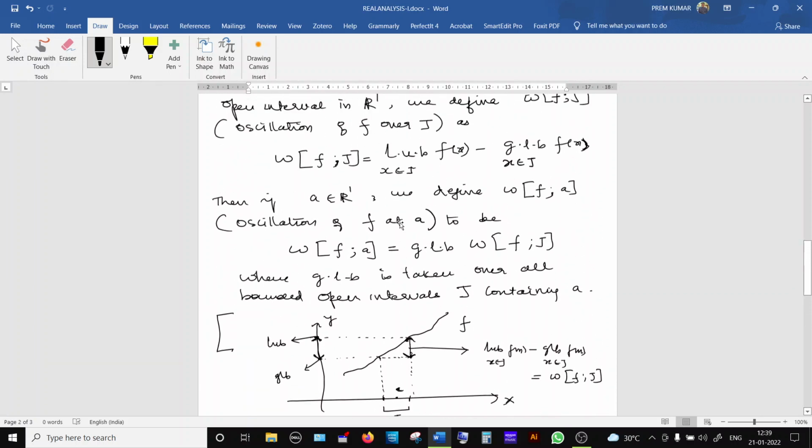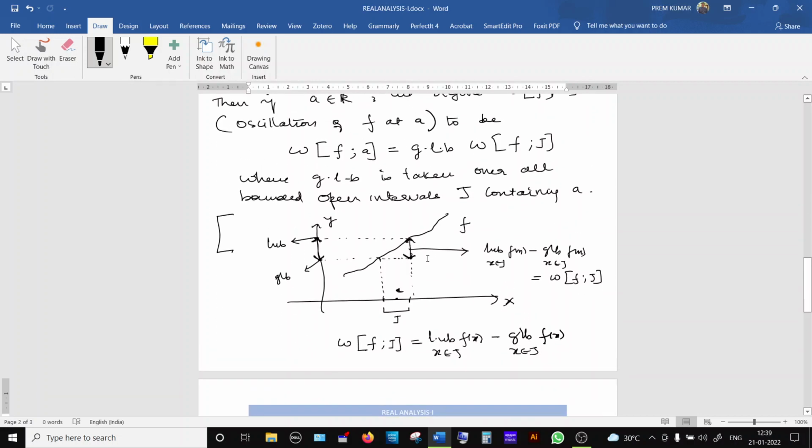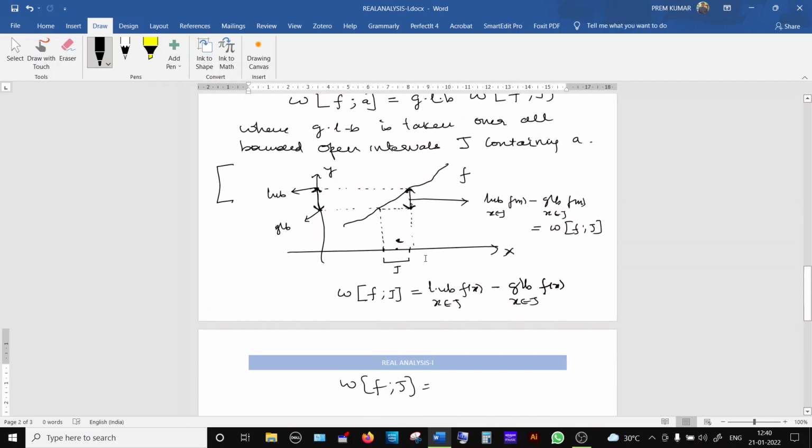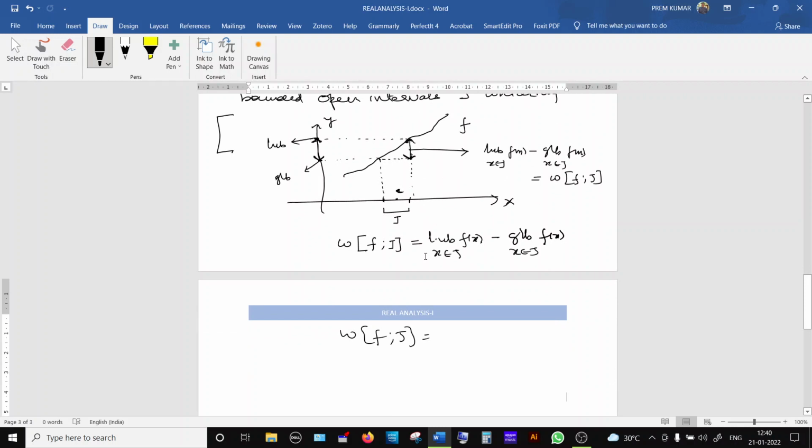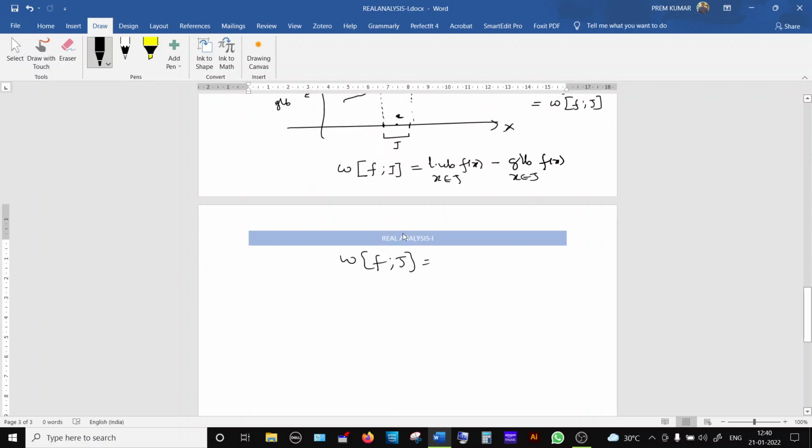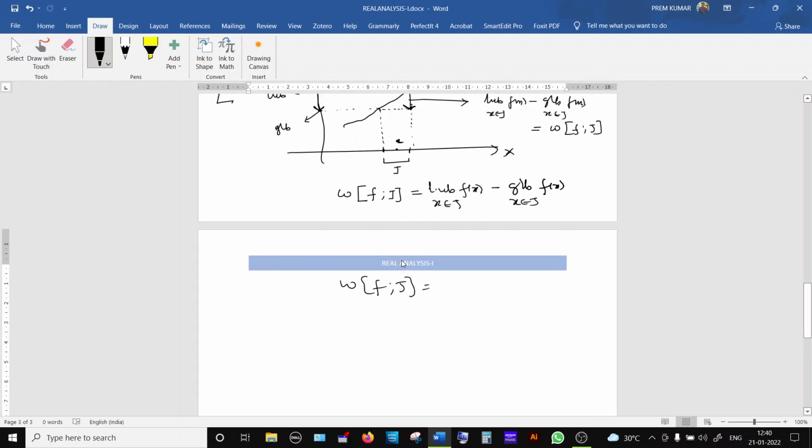We are going to use this definition and prove some theorems related to continuity and discontinuity of a function at a point A. The number omega of f colon J measures roughly the distance from the lower part to the highest part of the graph on J. It is clear that if f is continuous at A, and J is a small interval containing A, then this oscillation must be small.